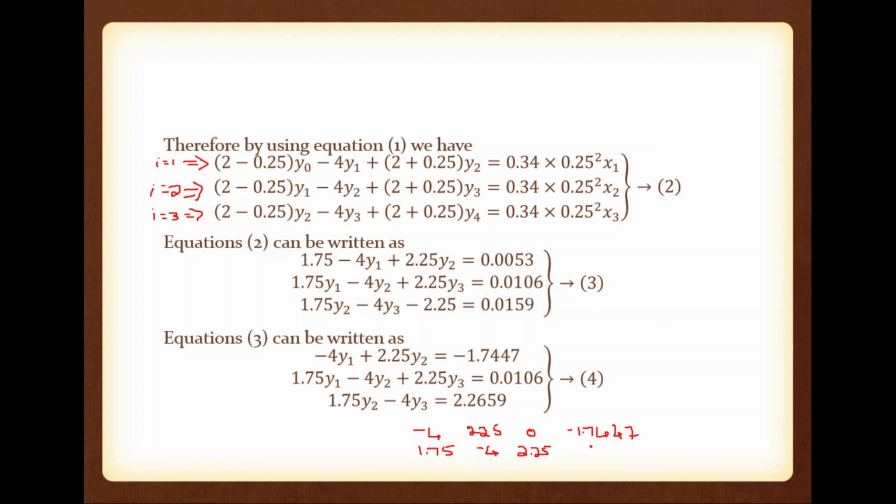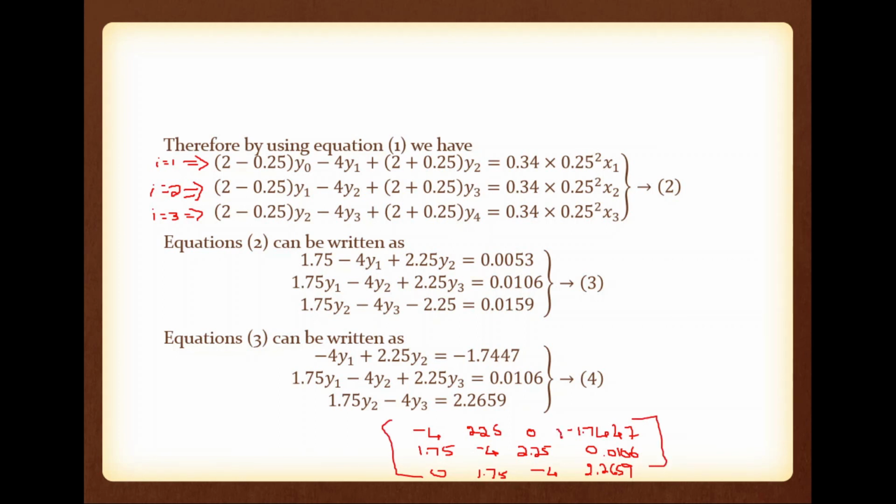Now here it is 0.0106. Now what about third one? Here y1 is absent. Now y2 1.75. What about y3? Minus 4. Now this one is 2.2659. Okay, so this one is the augmented matrix.